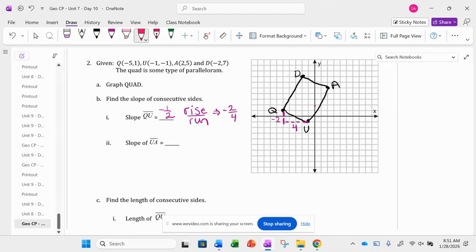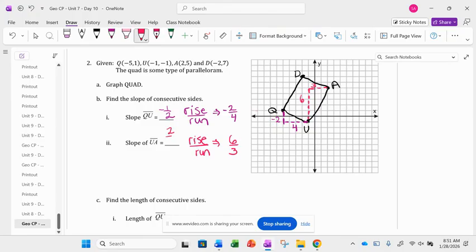Now I want to find the slope of U to A. Now to find the slope from U to A, I'm now rising 1, 2, 3, 4, 5, 6. So I'm going up 6 and I'm running to the right 1, 2, 3. So again, our slope is rise over run, which gives us a 6 over a +3. But what's 6 over 3?